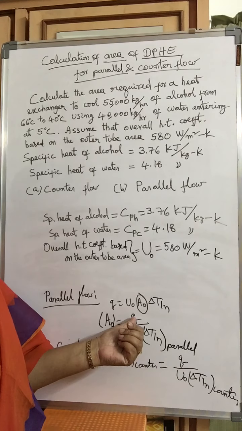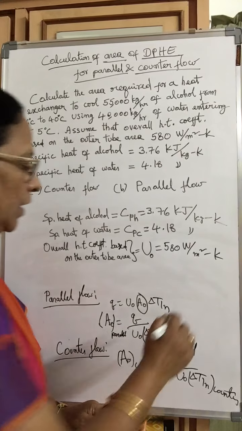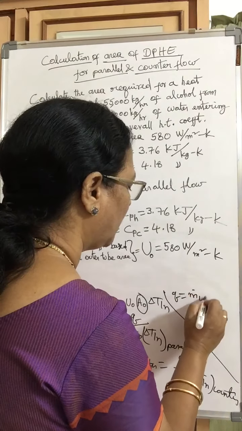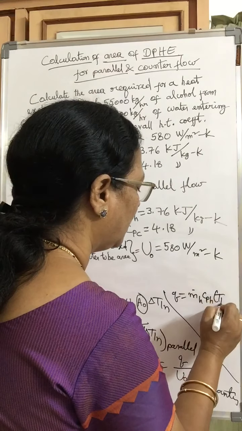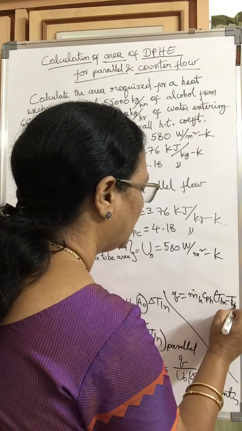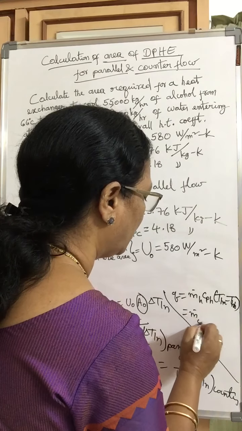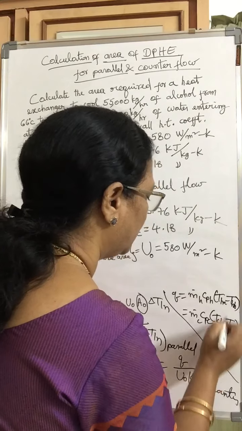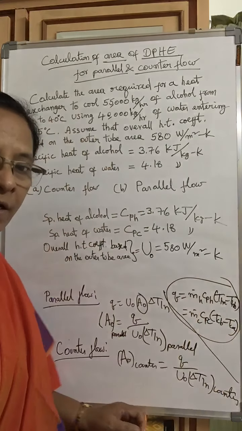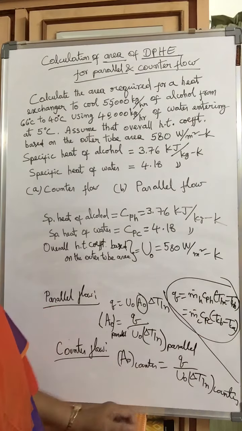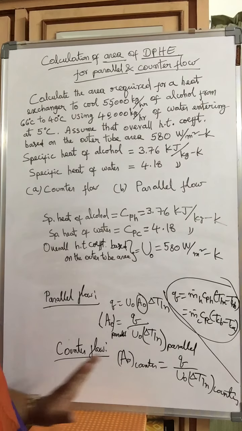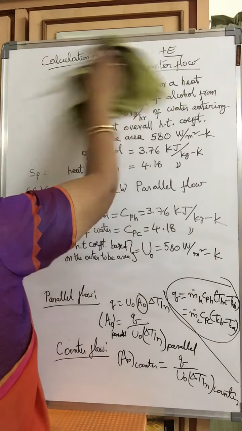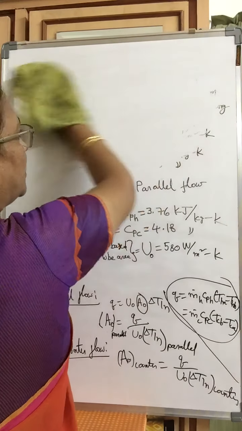In the same way, now Q, how to calculate Q? You know that Q equals m dot H CPH into THA minus THB, or m dot C CPC into TCB minus TCA. You can use this to calculate Q. So we shall see now how to calculate the area of the heat exchanger.